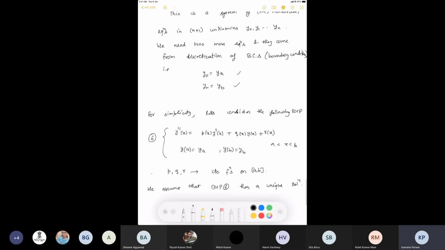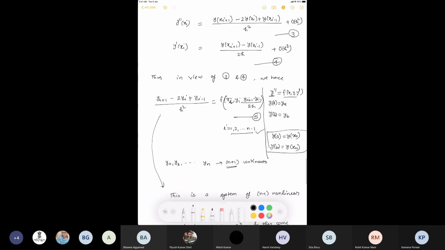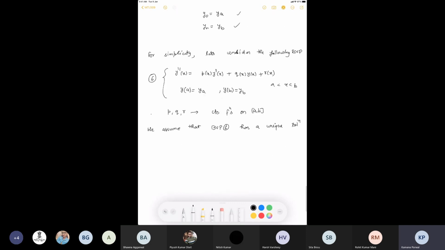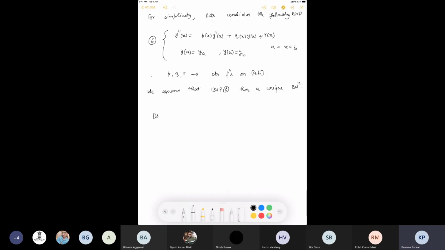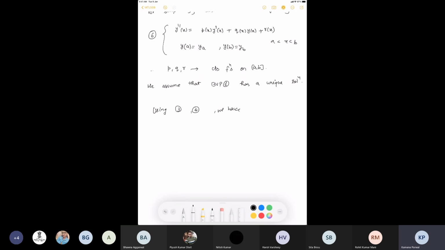Okay, and what we are interested in is the numerical solution. So again, the same idea: we are going to use 3 and 4 to get the approximation of this boundary value problem. Let's look at the differential equation in 6. So we have (y(i+1) minus 2yi plus y(i-1)) divided by h square.